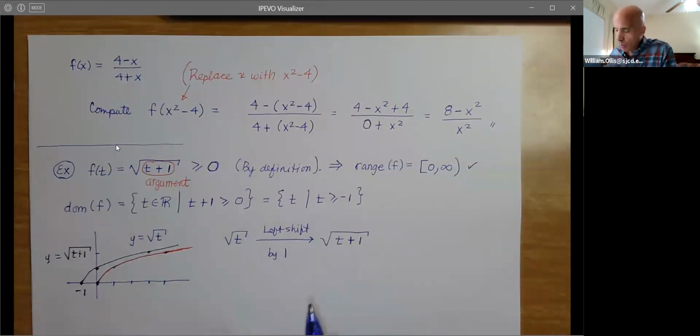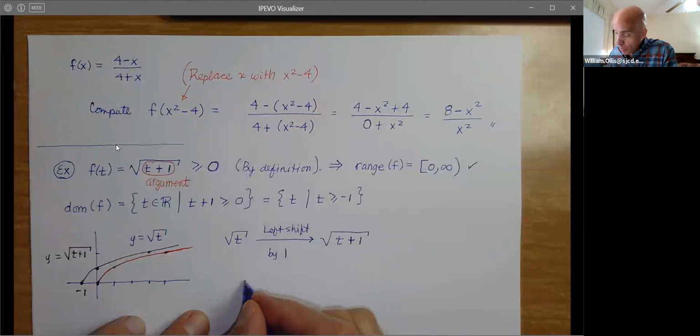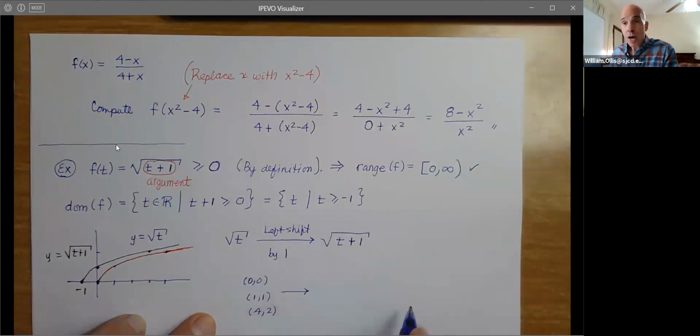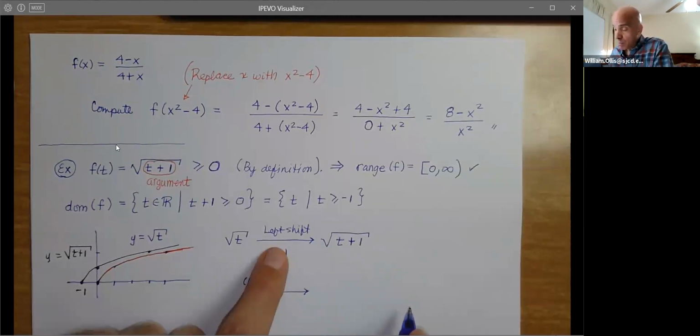That is, now when you think about it, these points 0, 0, 1, 1, and 4, 2 are moved. They're horizontally translated. So this means left shift.